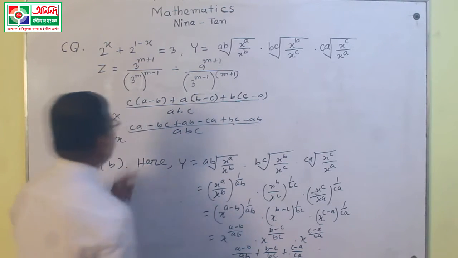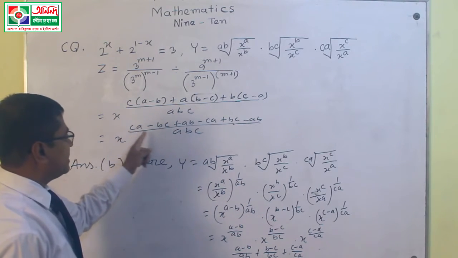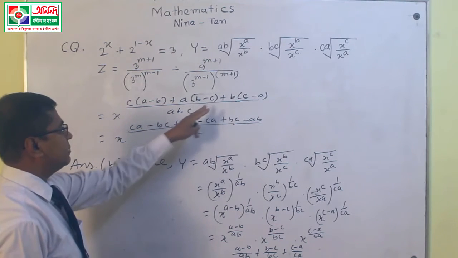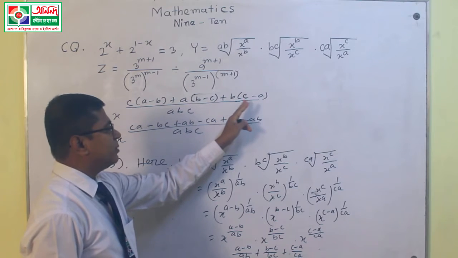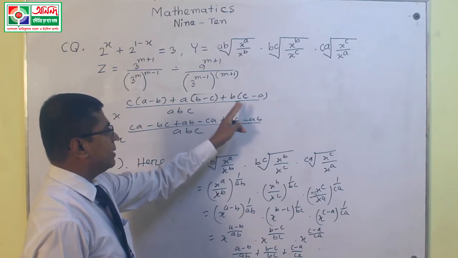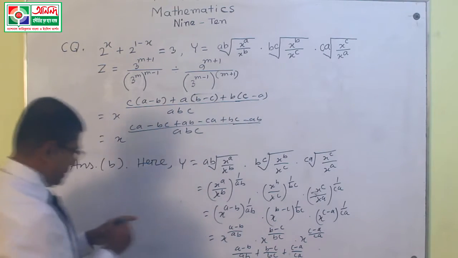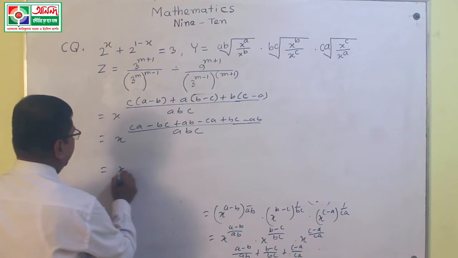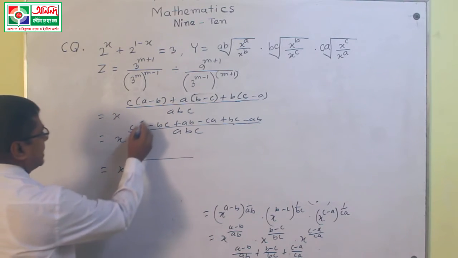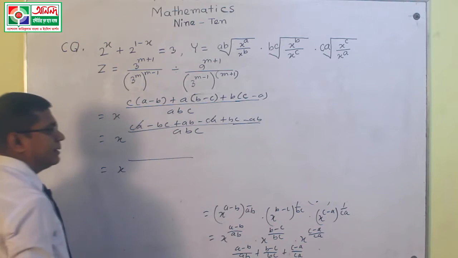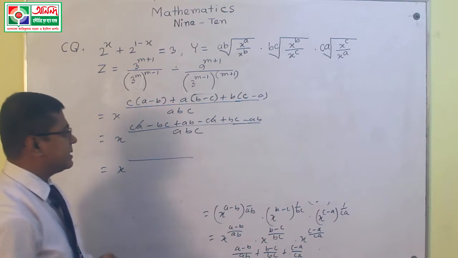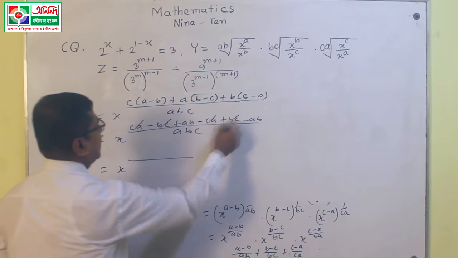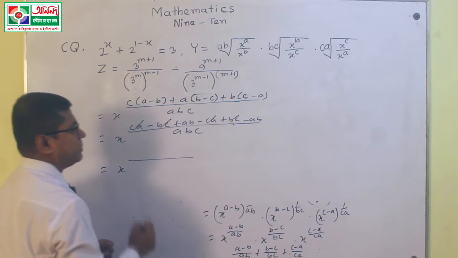If we multiply a minus b by c, we get ca minus bc, and if we multiply b minus c by a, we get ab minus ca, and if we multiply c minus a by b, we get bc minus ab. Now, look, plus ca and minus ca subtracted is 0, plus bc and minus bc is 0, and plus ab and minus ab is 0.